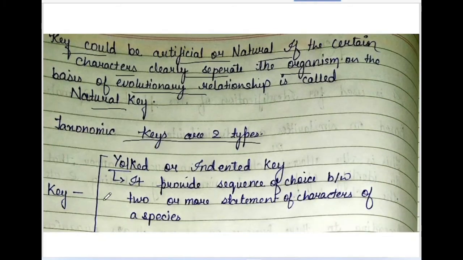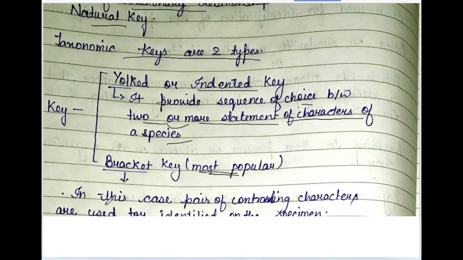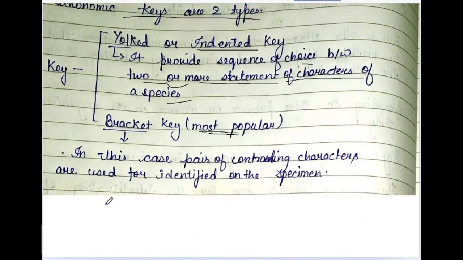Then taxonomic keys are of two types. The two types are the yoked or indented key, and the bracket key, which is most popular. The indented key provides a sequence of choices between two or more statements of characters of species for choosing the correct species.